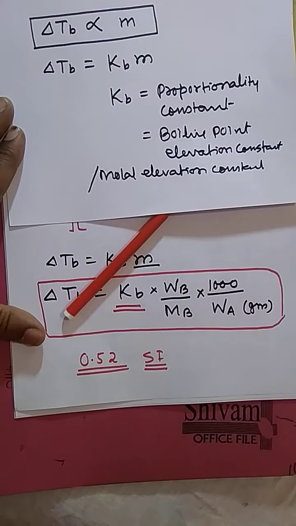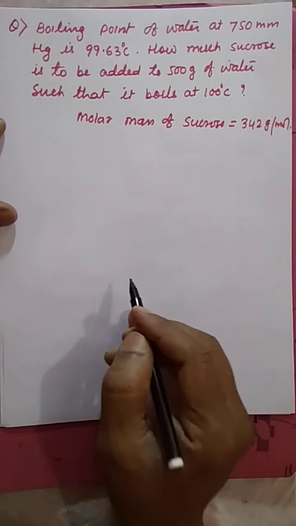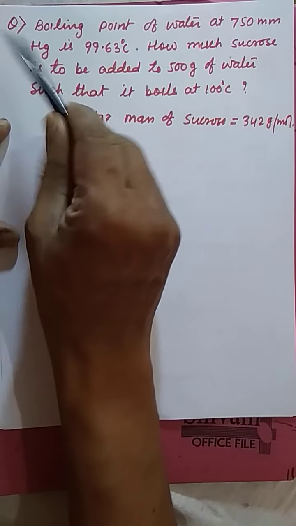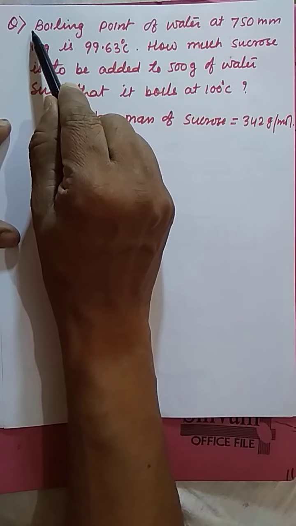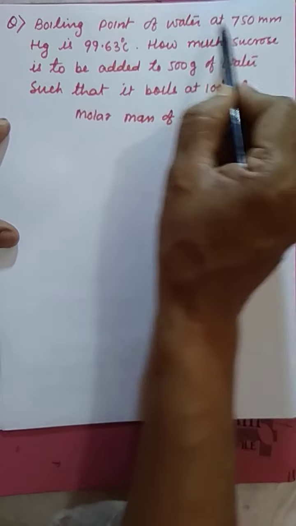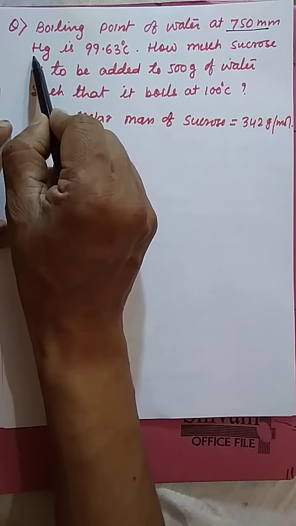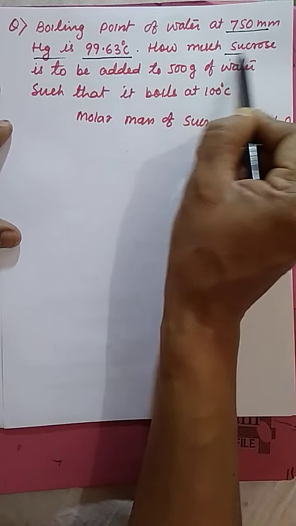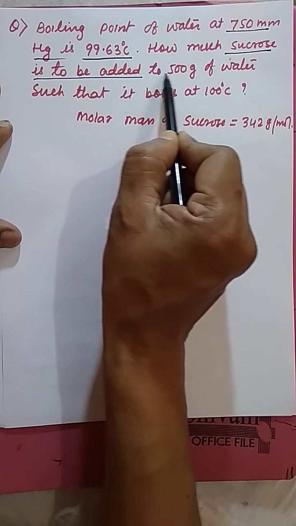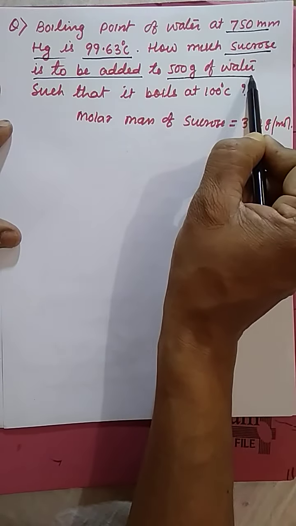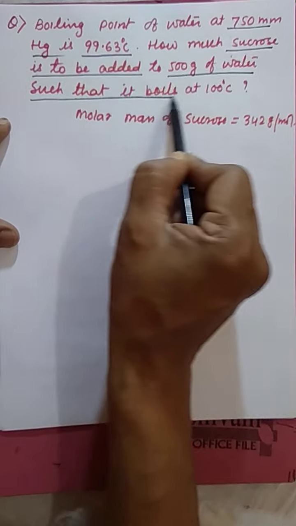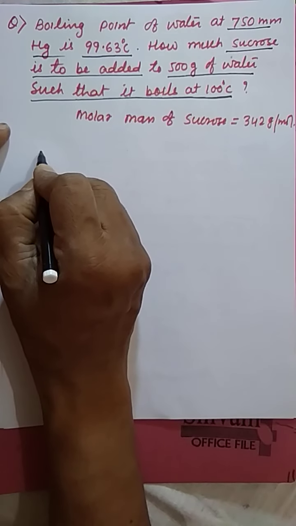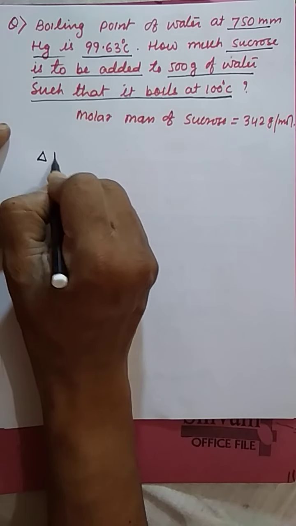Okay, now we see. Now my dear students, you see the problem related to elevation of boiling point. Boiling point of water at 750 mm Hg is 99.63 degrees Celsius. How much sucrose is to be added to 500 gram of water such that it boils at 100 degrees Celsius? So first of all you calculate delta Tb.